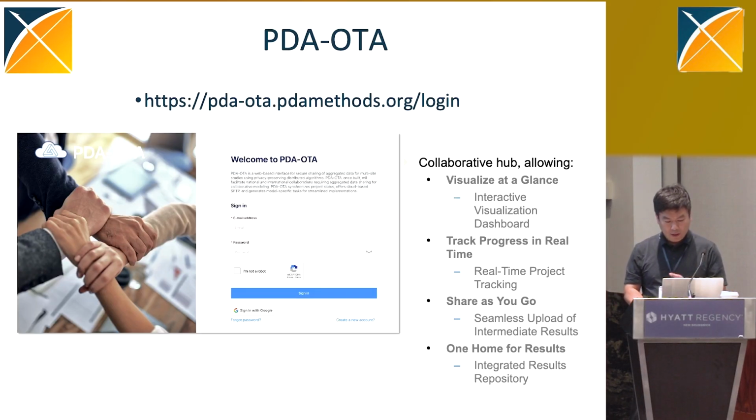So PDA OTA, this is the website. People can go there and create your account, and then in this platform it has a dashboard generated, and it has a very nice job manual for the specific type of federated learning you want to run.